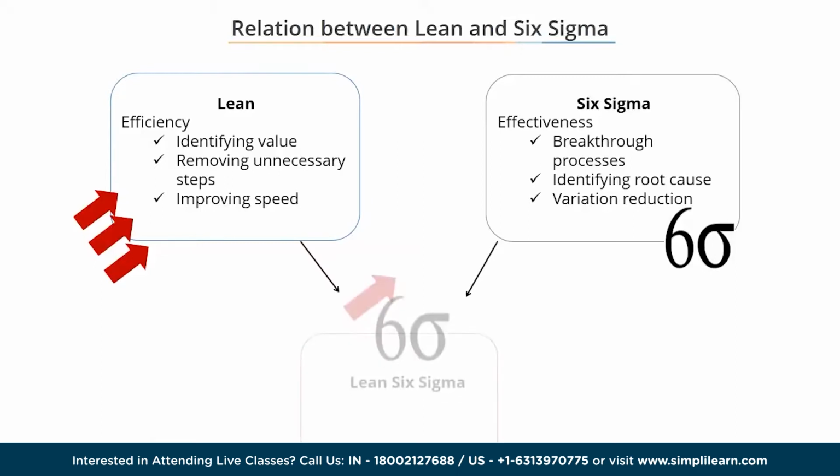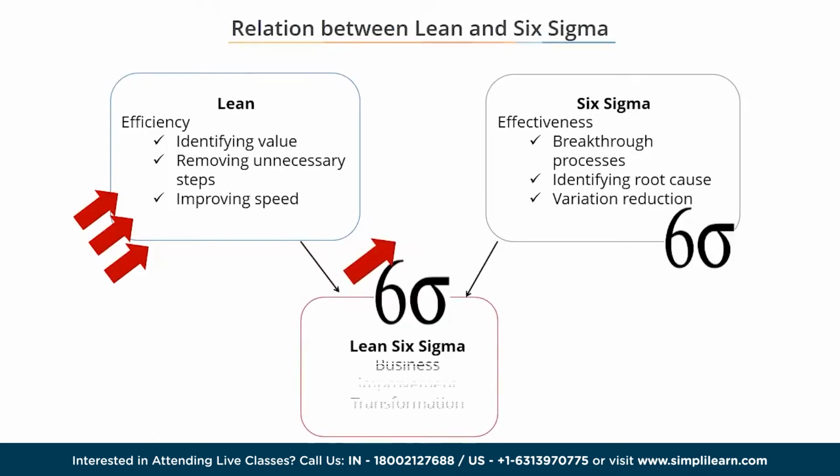Therefore, when Six Sigma is combined with Lean, it is possible to achieve business transformation. So remember, Lean is about speed with a focus on efficiency, Six Sigma is about quality with a focus on effectiveness, and Lean Six Sigma brings the best of both together.